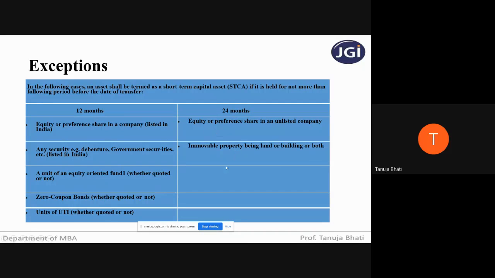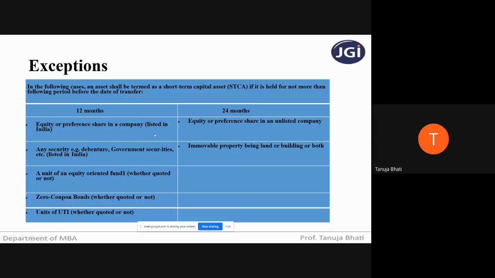Apart from all this, if there is any other capital asset, the period of holding you have to consider is 36 months. So only for these five and these two, the period of holding is 12 months and 24 months respectively. And for the rest, any other capital asset, the period of holding will be 36 months in order to determine whether that capital asset is a short-term or a long-term capital asset.